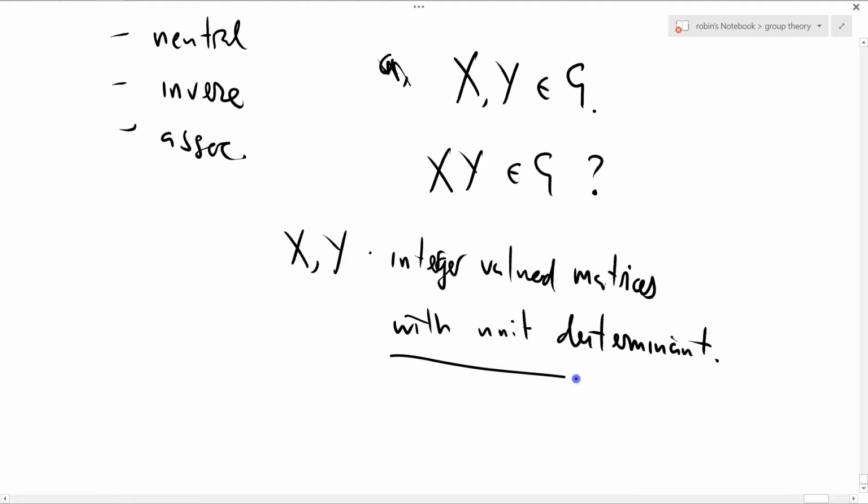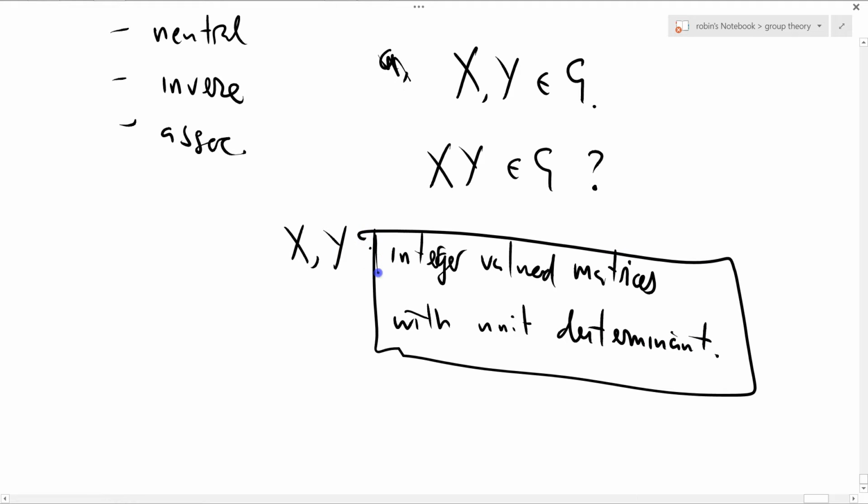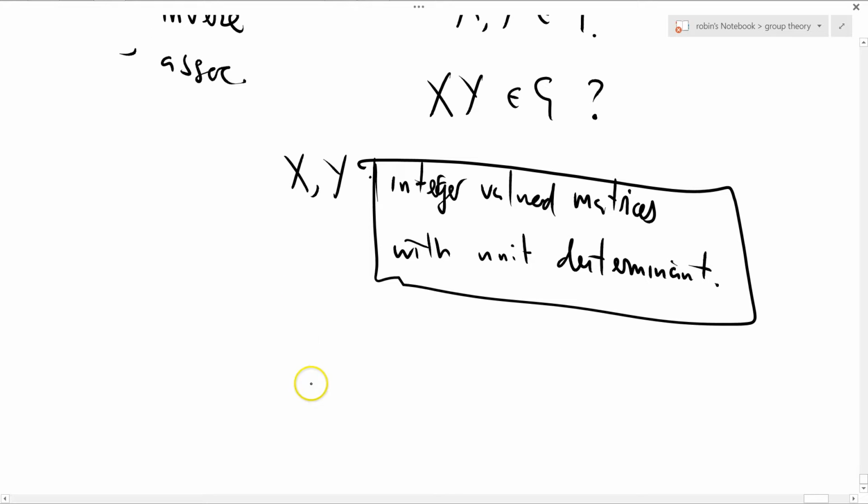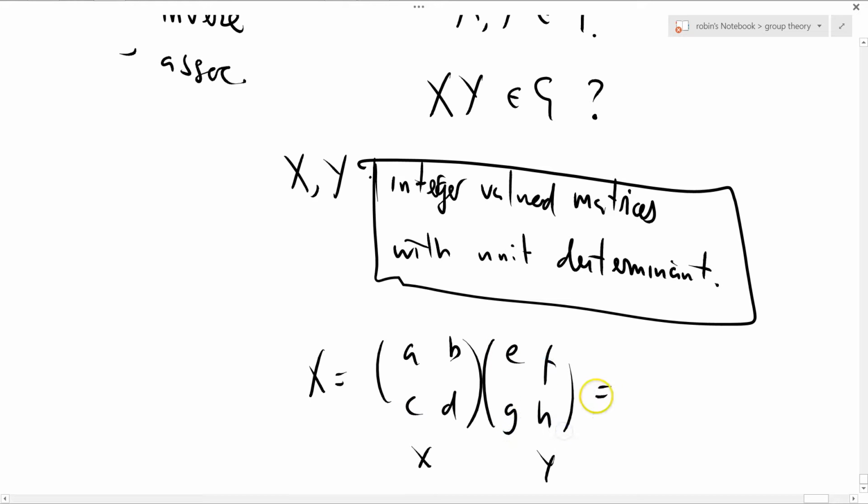So is the product this type of matrix, or is it something else? Well, it's going to be integer valued. If I write X as A, B, C, D, and Y as E, F, G, H, then the product has top left AE plus BG. Lower left is going to be CE plus DG.